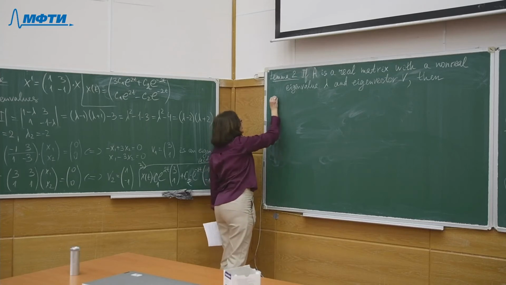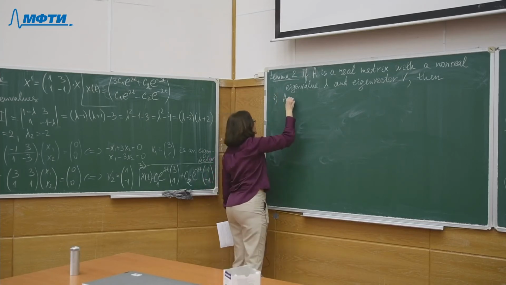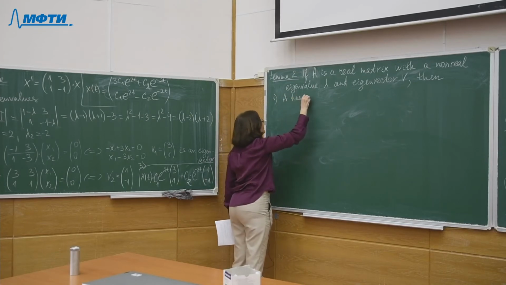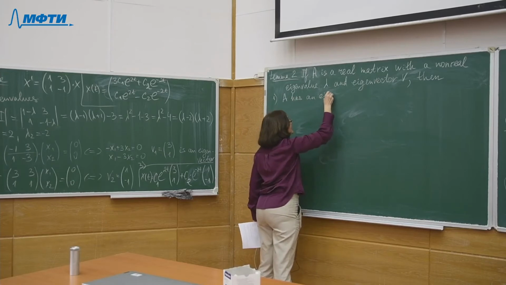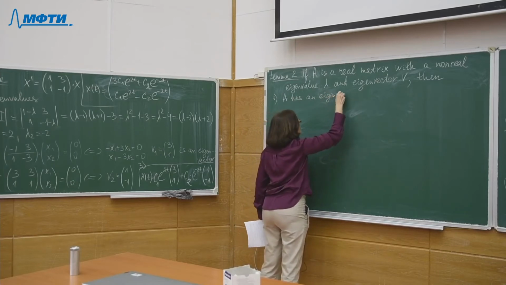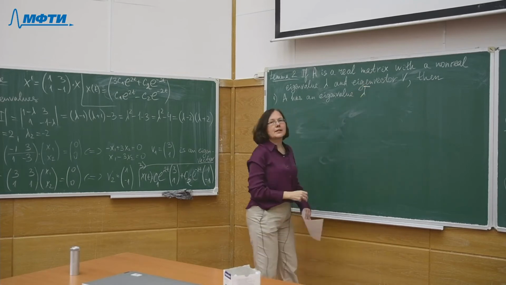So first I state that A has an eigenvalue lambda bar, the complex conjugate, right?